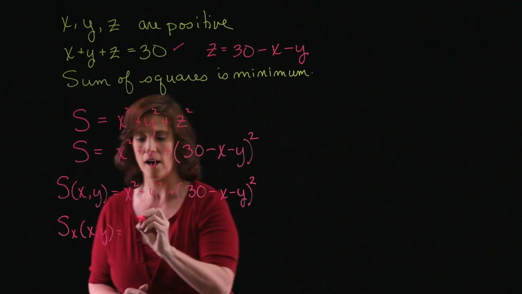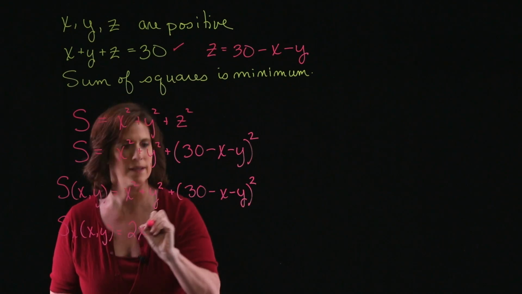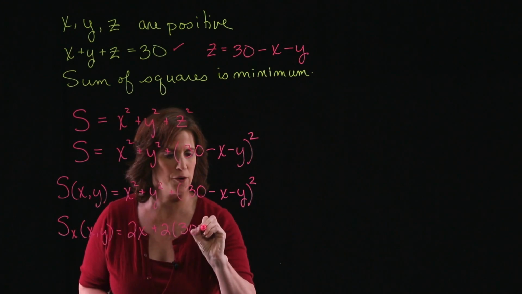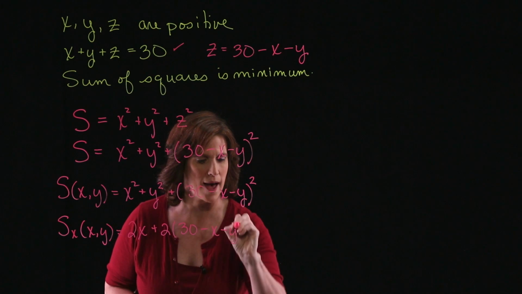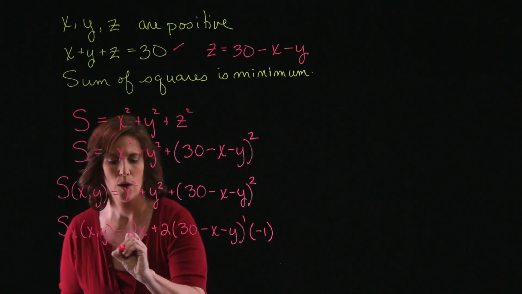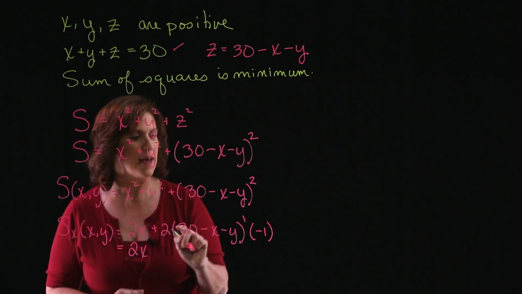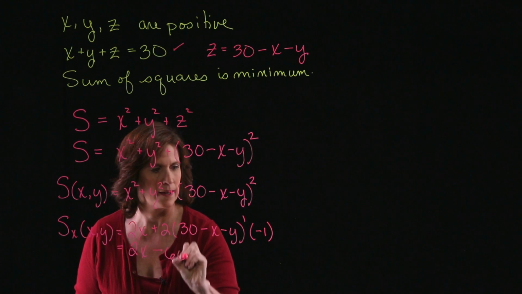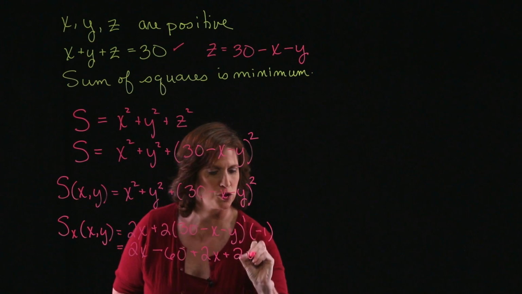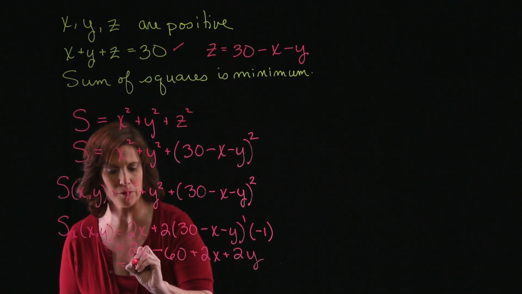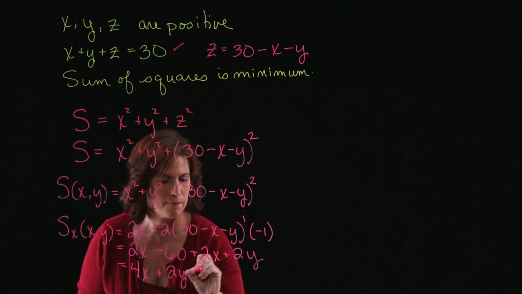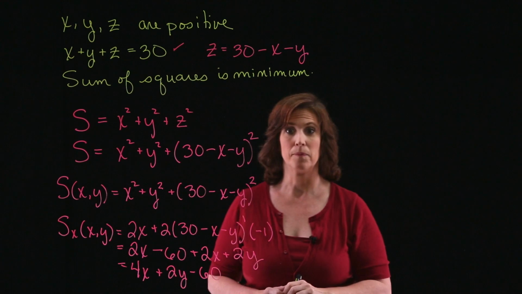So again, I'll treat y as a constant, so this will be a 2x plus 2 times the quantity 30 minus x minus y to the first power times negative 1, which will give me 2x minus 60 plus 2x plus 2y, which is going to simplify to 4x plus 2y minus 60.